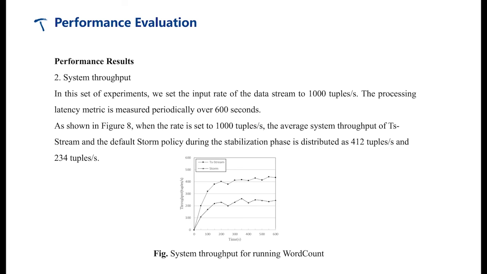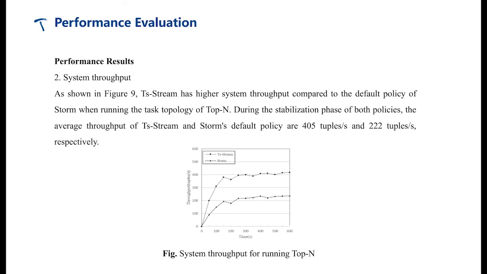For system throughput, again, we have better performance for the word count and also for the top N tasks. So in conclusion, our solution achieves better performance in terms of system throughput and latency as compared to the standard Storm default policy.